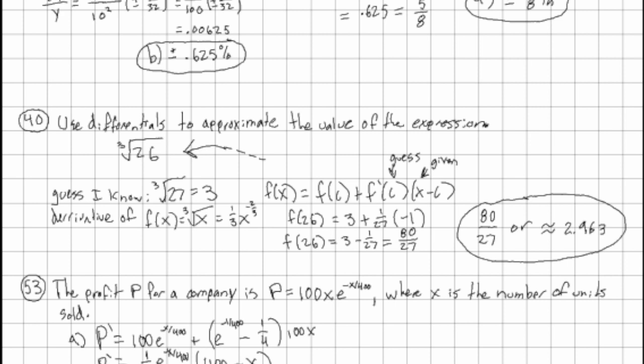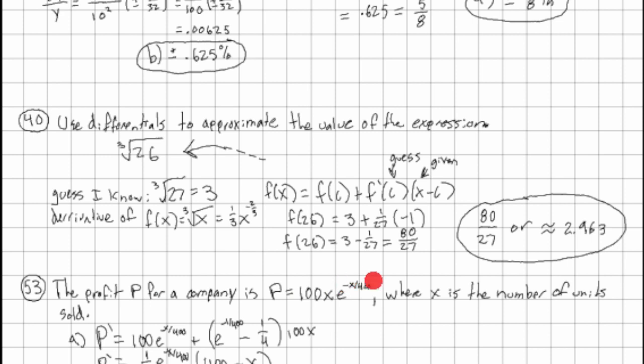Then I solve that and put it together, and it should get me 80 over 27, or about 2.963.